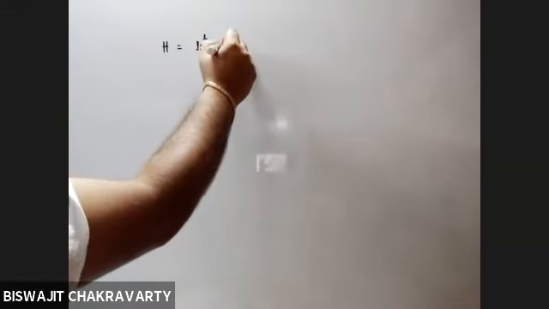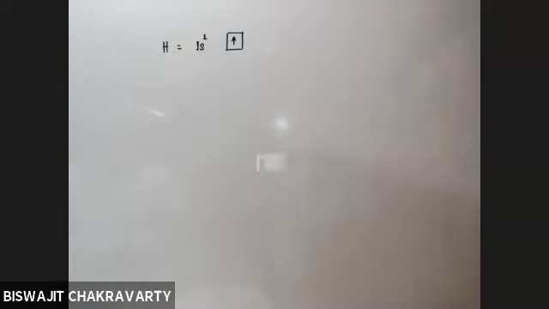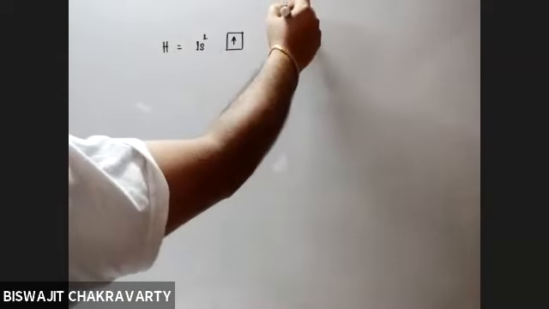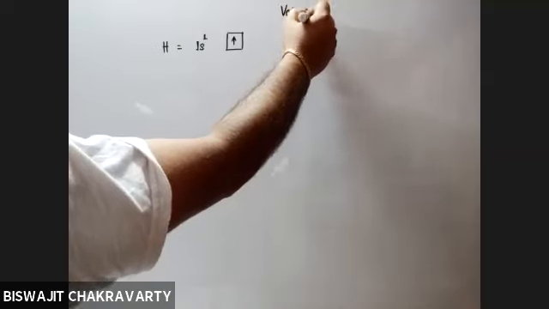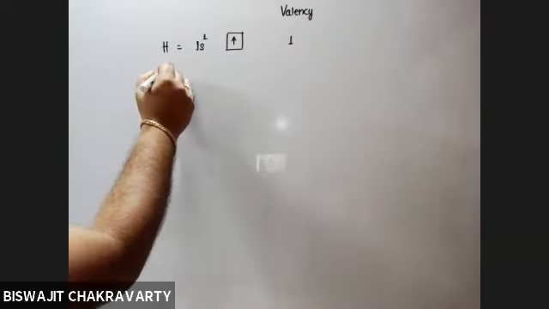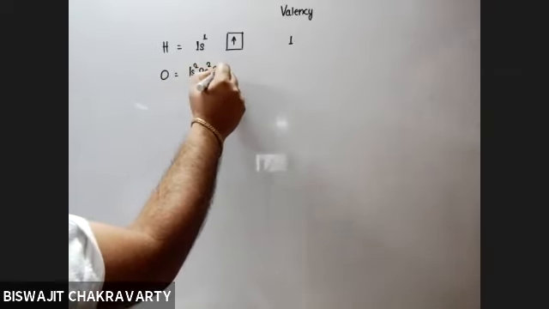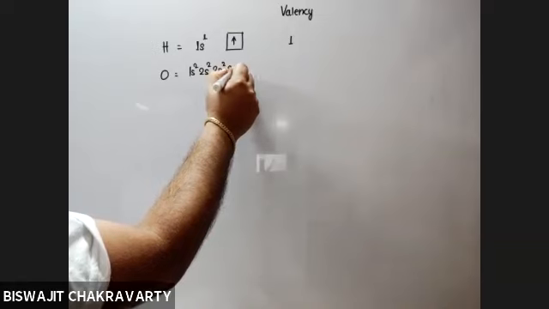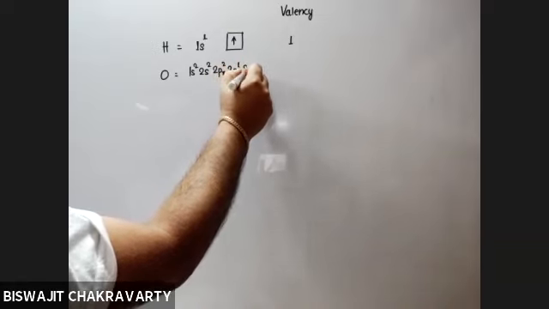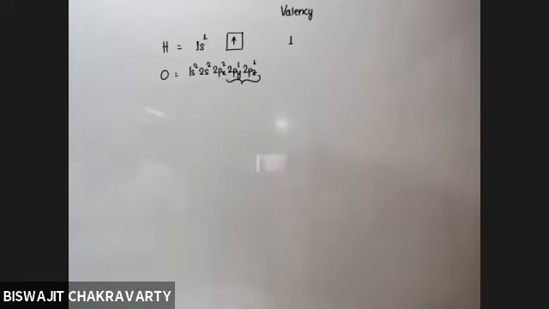We have seen that hydrogen has a single electron, and therefore the valency or number of bonds hydrogen can form is 1. Similarly, oxygen is 1s2, 2s2, 2px2, 2py1, 2pz1. How many unpaired electrons do you find in oxygen? It is 2. So valency is 2.